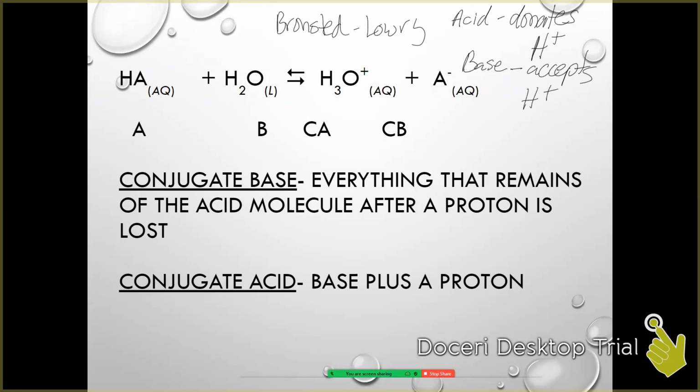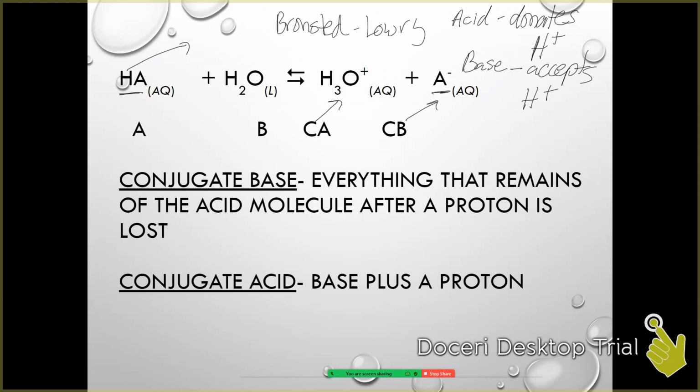So here, if we look at HA, that's representing some type of acid, because acids are going to start with hydrogen. It goes from HA, which would be the acid, it loses a proton, and then it becomes the conjugate base. This conjugate base should be under there. Conjugate acid should be under here.